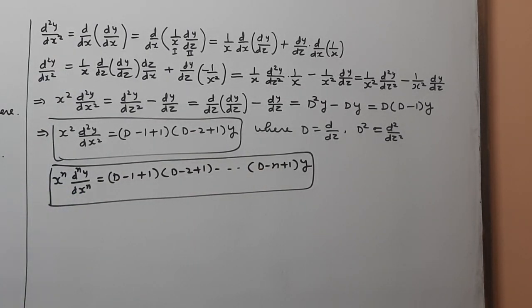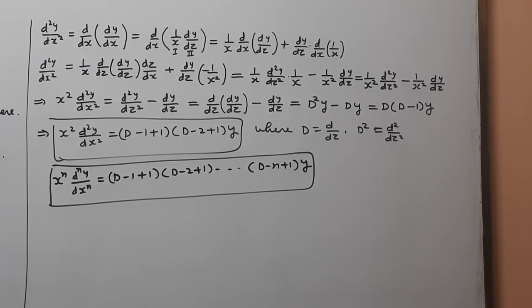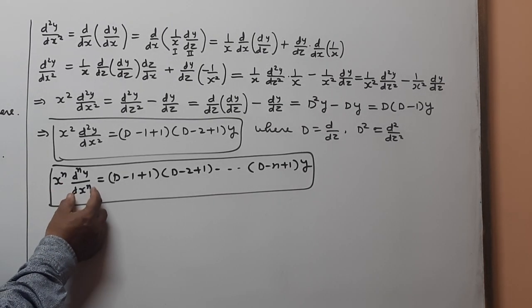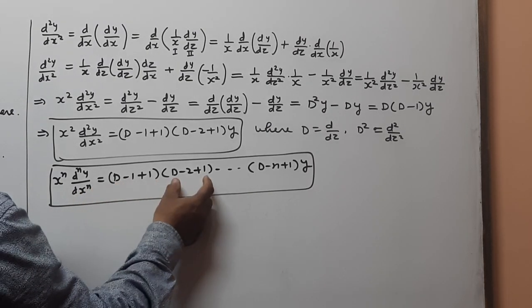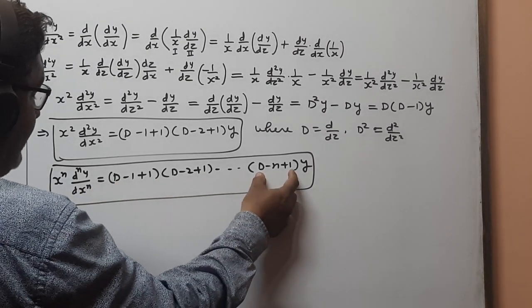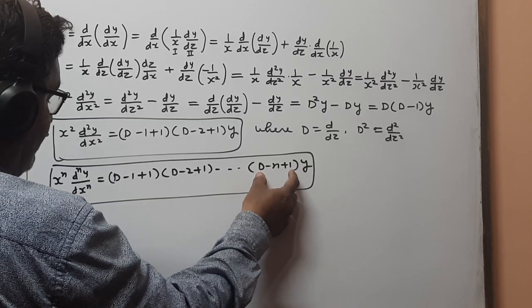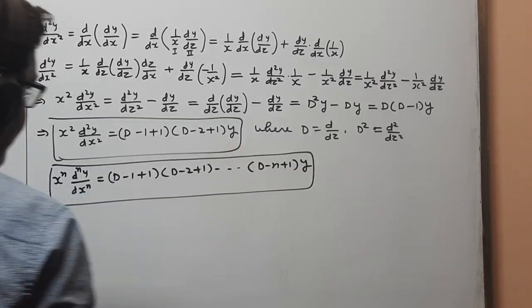In place of x we replace e to the power z, and in place of x to the power n dn y by dxn we replace D minus 1 plus 1, D minus 2 plus 1, and so on, D minus n plus 1 y.